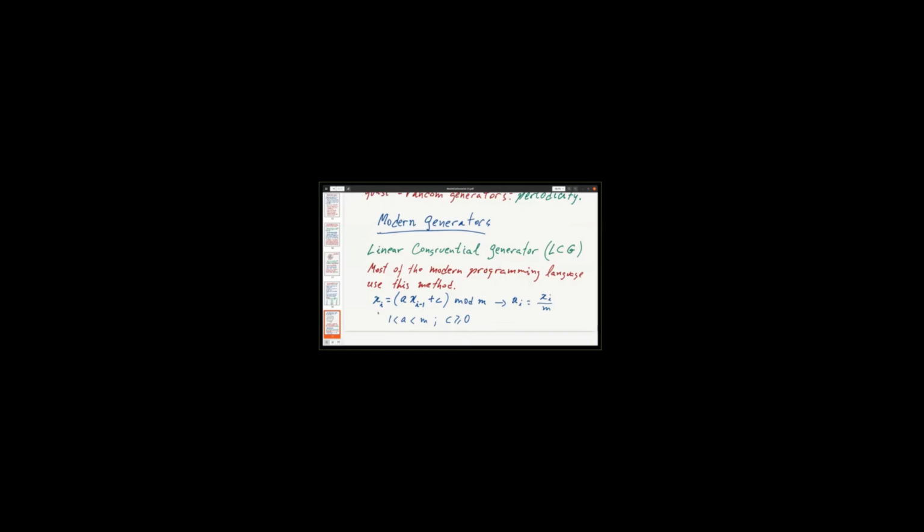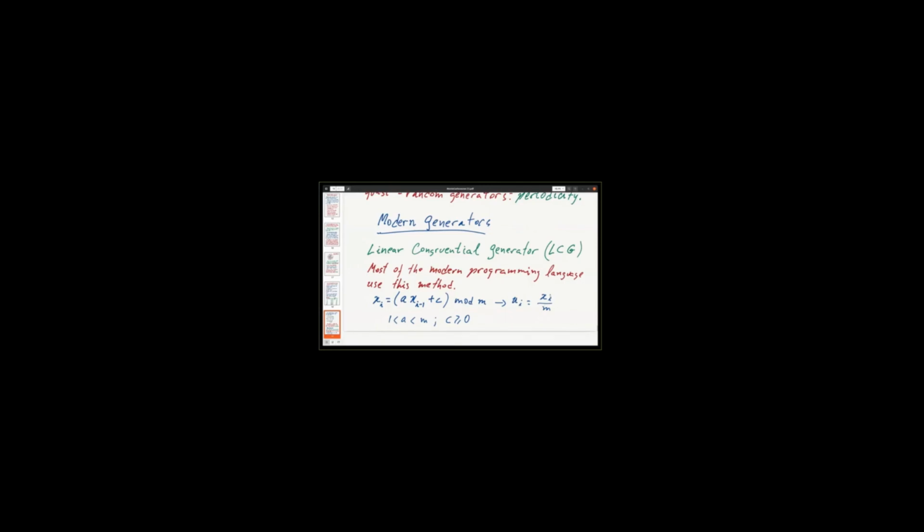And this method is the following. You have an initial number, and you multiply by a number that you decide, a factor a that the method can define, plus some constant c, and divide it by m, and take the rest. Okay, the remainder of the division. And this is your random number.